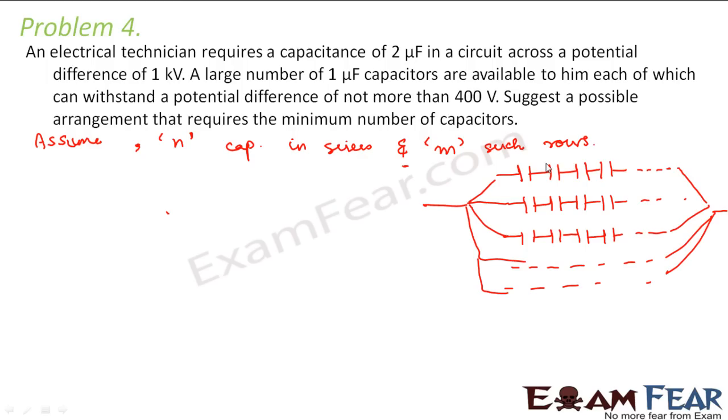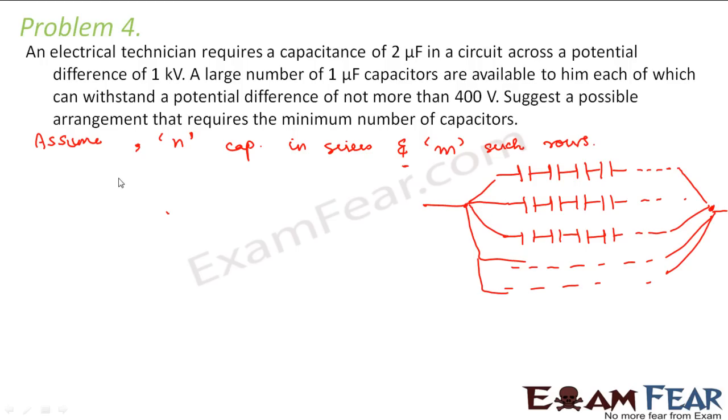So you have to find out the value of n, that is how many capacitors you are arranging in series, and how many rows of such series capacitors you have, such that your equivalent capacitance comes out to be 2 microfarads at a potential difference of 1 kilovolt. Now, what is the potential difference that I want along this circuit?